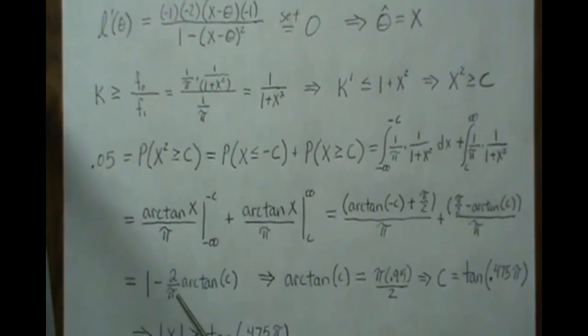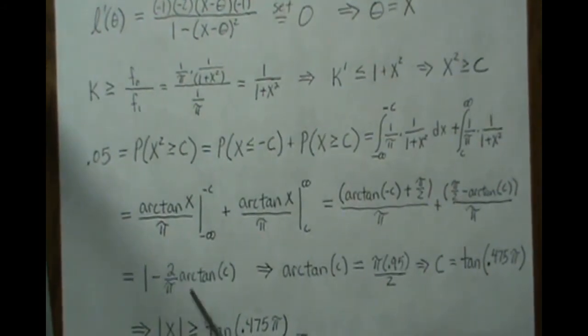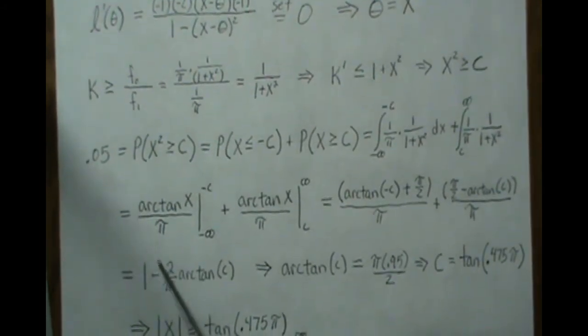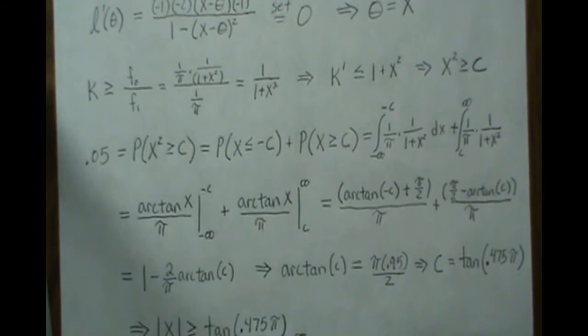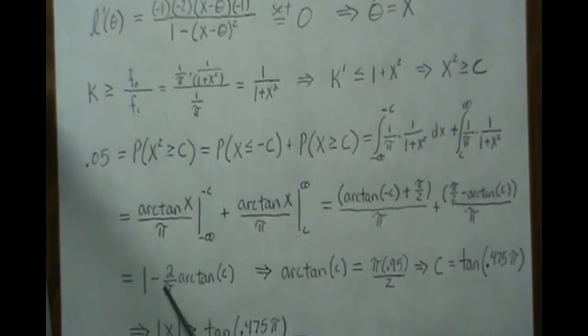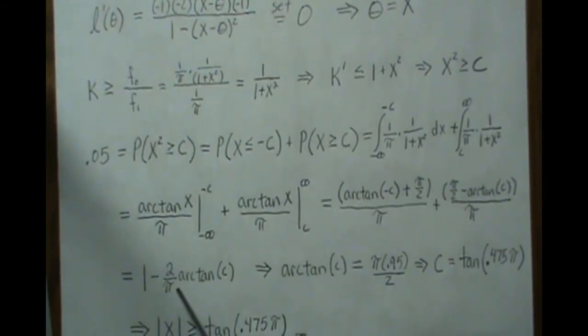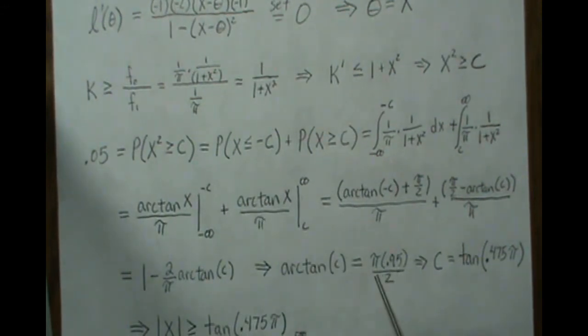So you get this. And then this is equal to 0.05. So you take that to the other side, subtract 0.05, then multiply by pi, divide by 2, and you get this. And then 0.95 divided by 2 is this, or 0.475 pi.